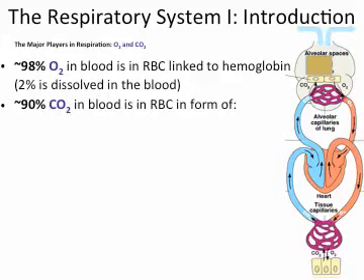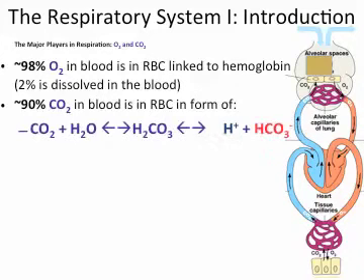About 90% of the carbon dioxide, while it's traveling throughout the vascular tree, is in the form of this chemical equation. This is your new best friend, you should memorize it, soak it in, drink it in, and know how it works. It's a chemical formula.